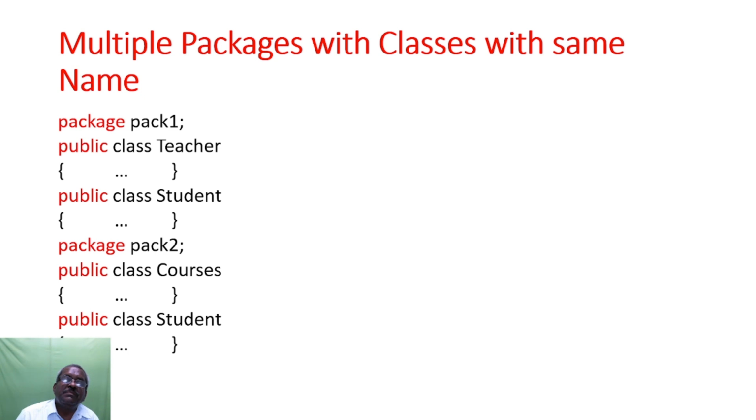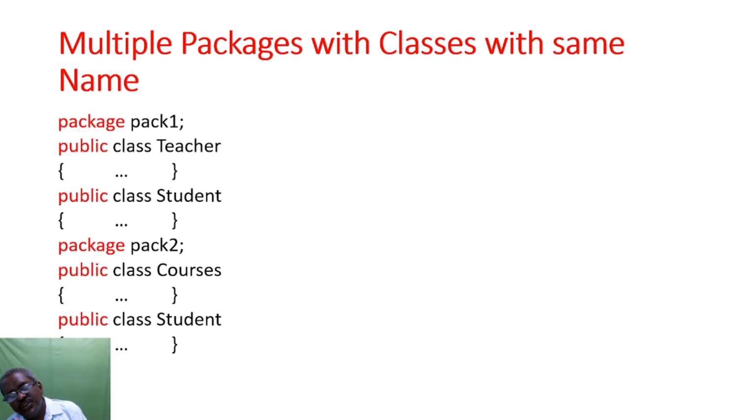Now, multiple packages with classes with the same name. You can have multiple classes with the same name. For example, package 1 has 2 classes, teacher and student. Then package 2 has courses and student.